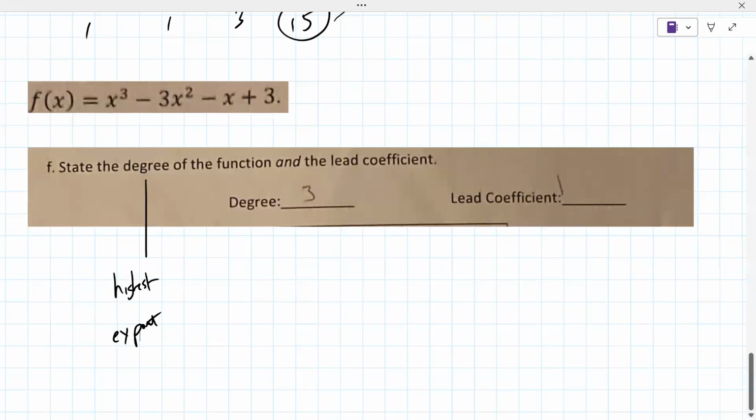And that's the cubed. Yes, it's three. The degree is a number. The leading coefficient is the number in front of the highest degree term.